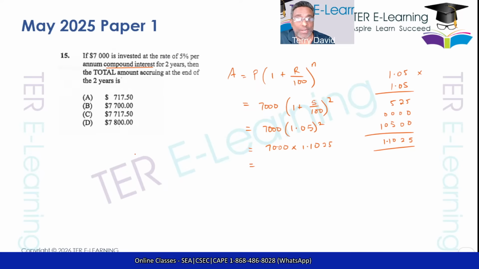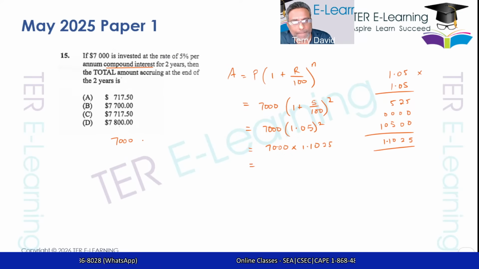So we still need to work this out. Let's start. So it's 7,000 multiplied by 1.1025. First of all, we can try to simplify this by not dealing with the zeros.